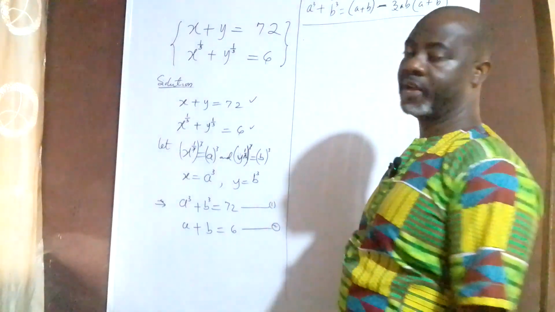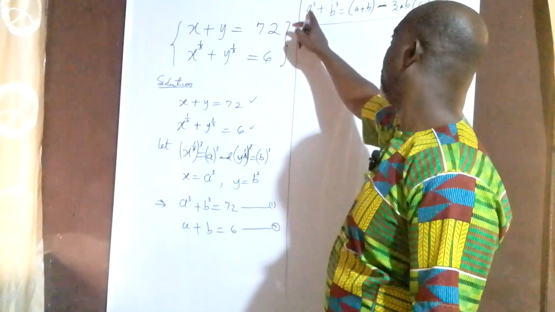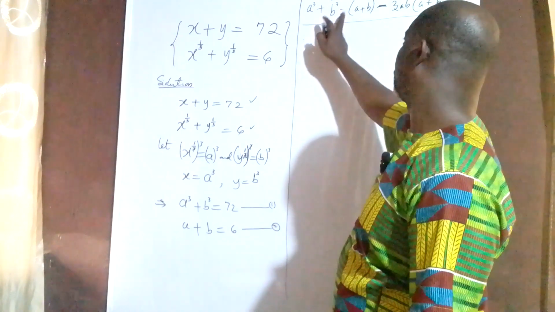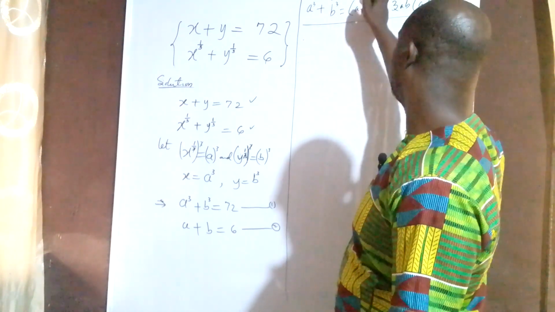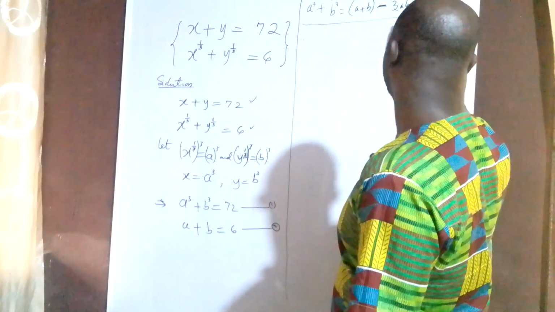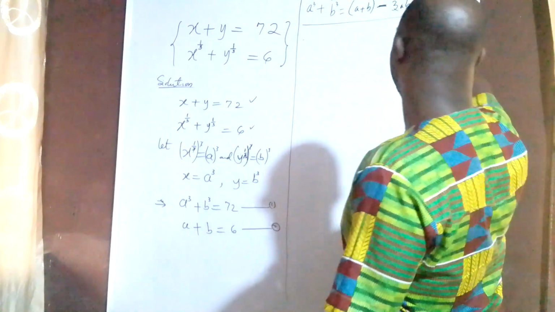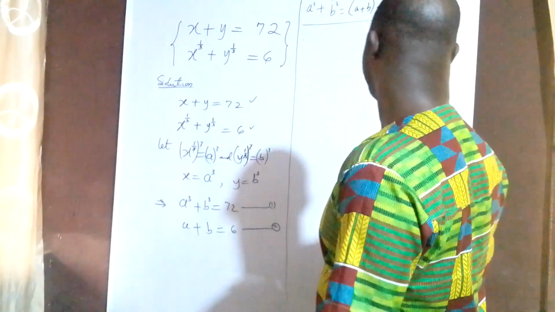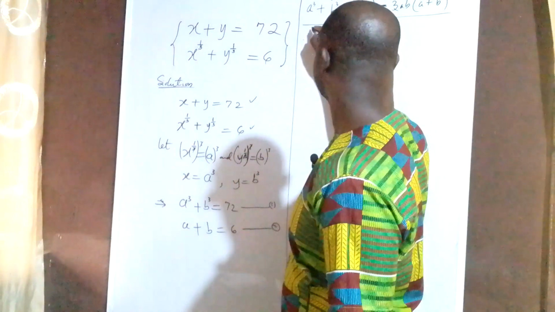This identity is very, very important. A cubed plus b cubed equal to a plus b all cubed minus 3ab into a plus b.